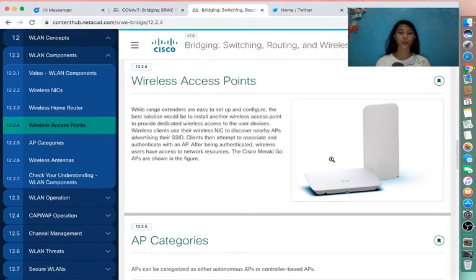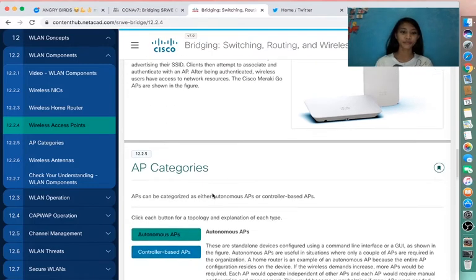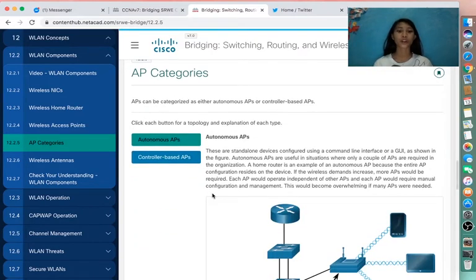A wireless access point is easy to set up and configure. The best solution would be to install another wireless access point to provide dedicated wireless access to the user devices. Our AP categories are autonomous APs and controller-based APs.